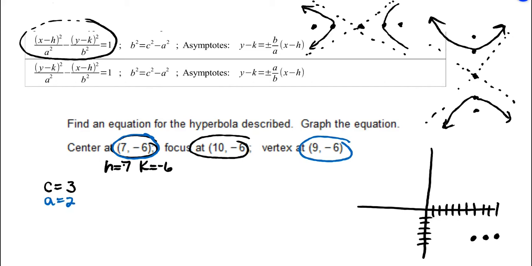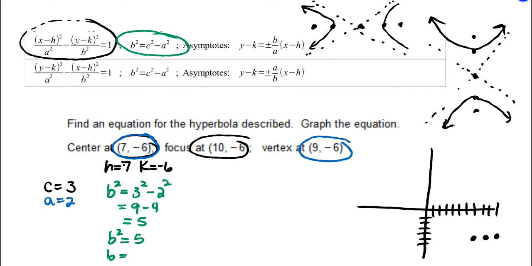Then we can use the Pythagorean theorem to help us find the value of b. b squared is equal to 3 squared minus 2 squared. It's 9 minus 4, which is 5. So b squared is 5, making b the square root of 5.